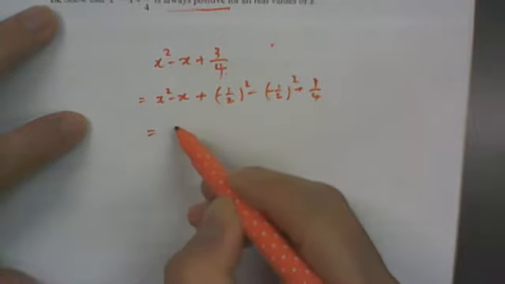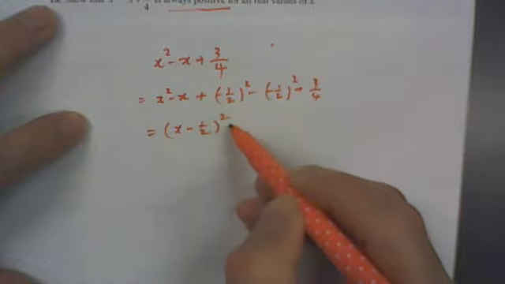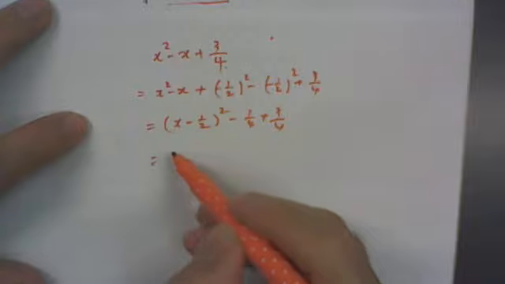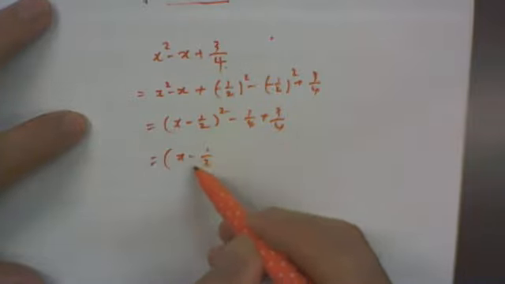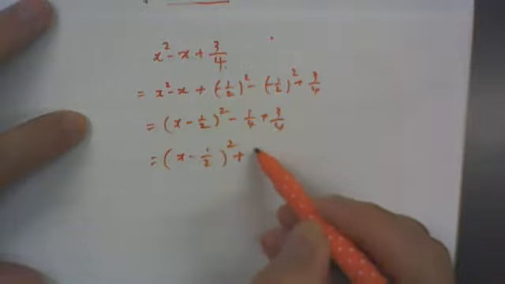So that equals (x minus 1/2) squared minus 1/4 plus 3/4, which is (x minus 1/2) squared plus 1/2, right?